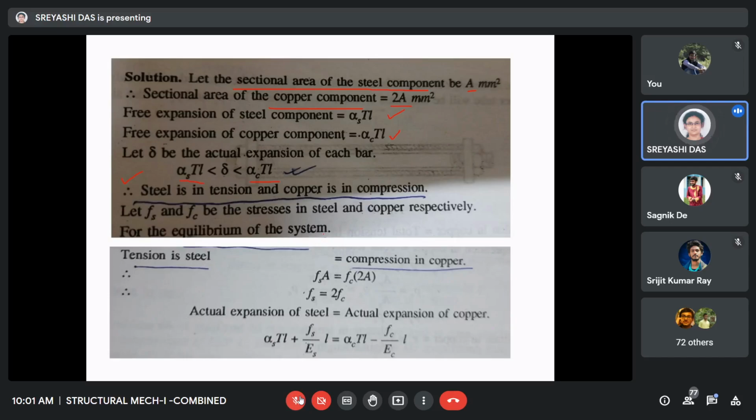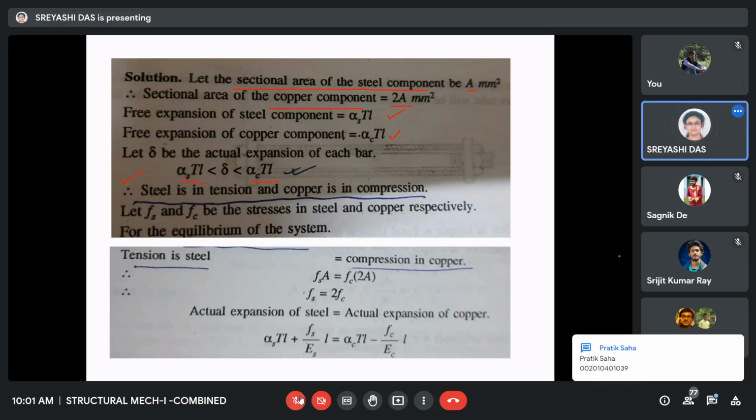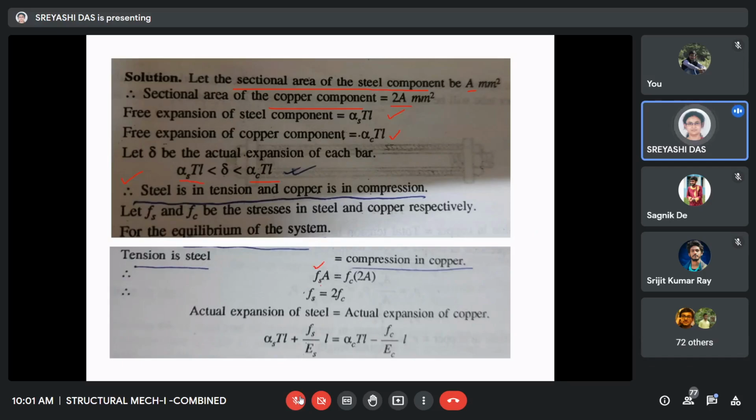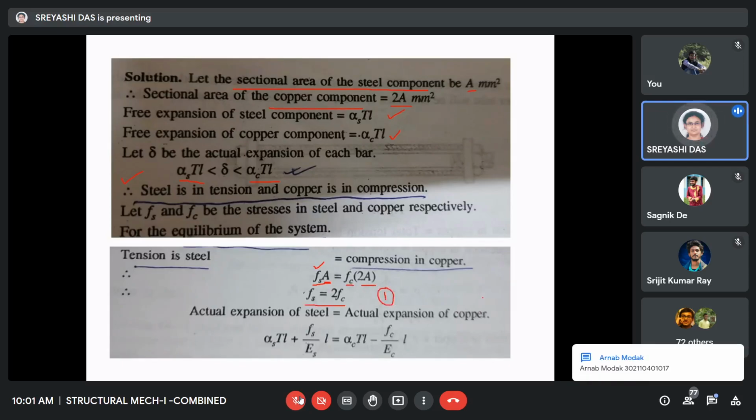Now for the equilibrium of the system, the total tension force in steel must be equal to the total compression force in copper. So if the stress produced in steel is Fs and the cross-section area of steel is A, then Fs into A is equal to Fc into twice A. So Fs is equal to 2Fc. This is equation number 1.